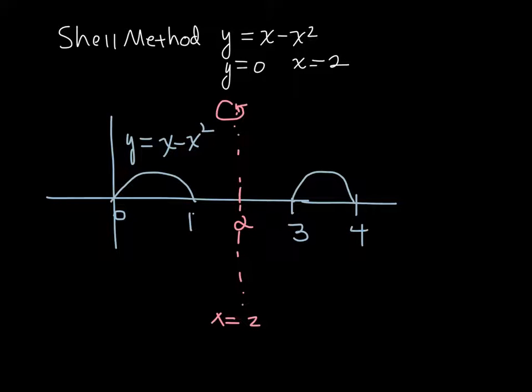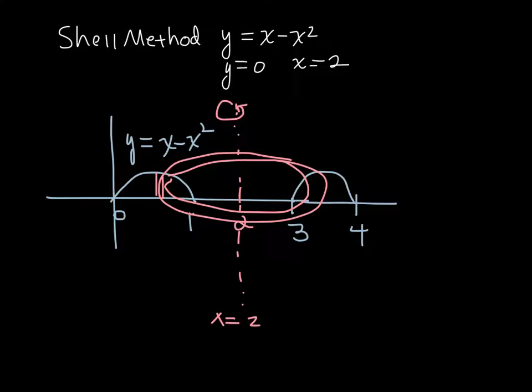Then I'm taking my shell, my piece here, and that's what I'm revolving. So that's why we end up with something that looks like this. Okay, again, don't laugh at my drawing. But this is kind of key because we need to figure out what this radius is.